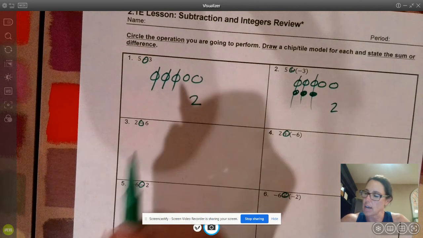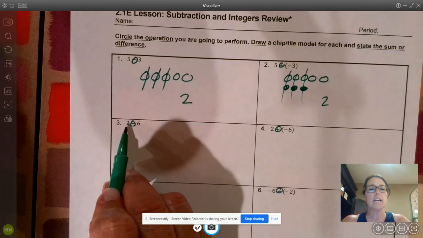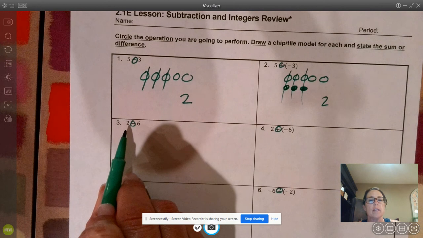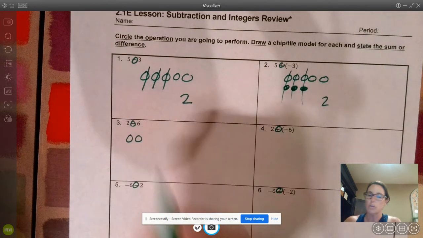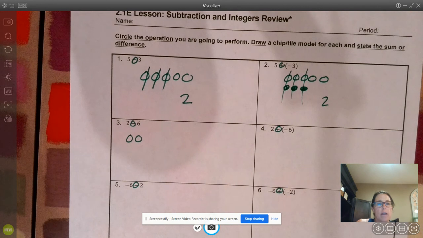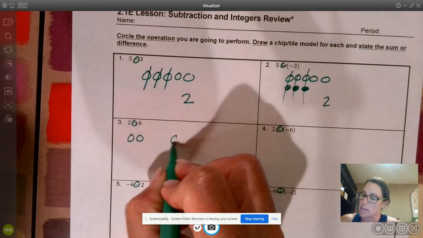All right, this guy, the meaning of this is I have 2 positive chips and I'm taking away 6 positive chips. So there are my 2 positive chips. I don't have 6 to take away, I only have 2. Hopefully by now you understand that we would need to add how many 0 pairs? 4 to be able to complete this problem.